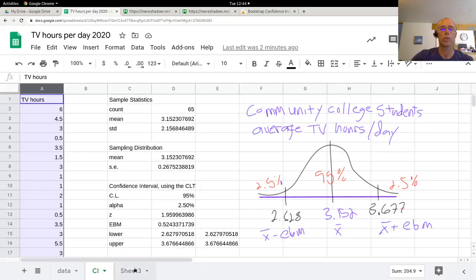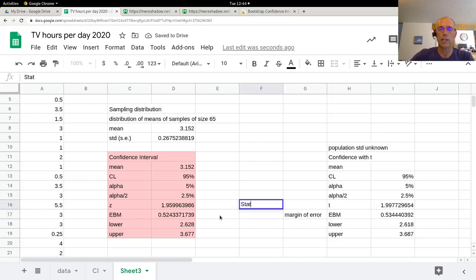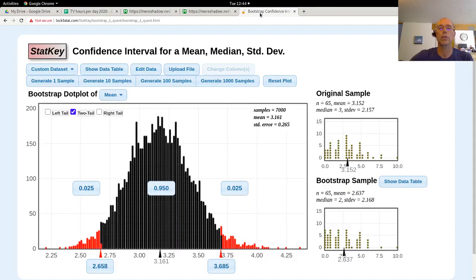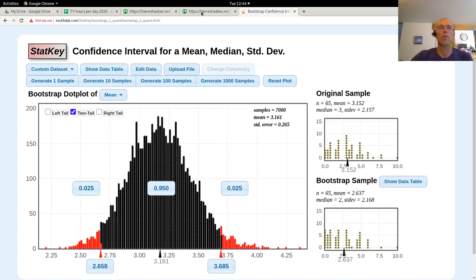My new one, here we go. Let's delete that and put above here StatKey. So StatKey says the lower bound is 2.658, and the upper is 3.685. Interesting.